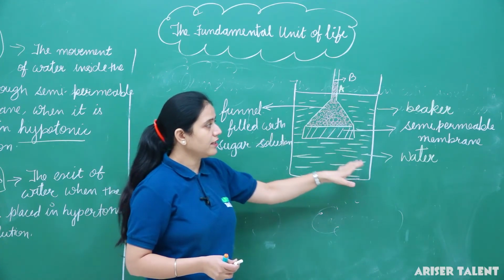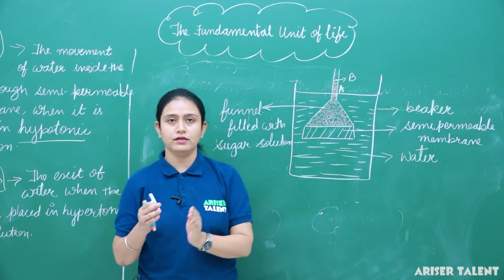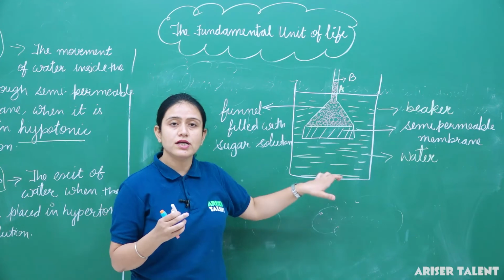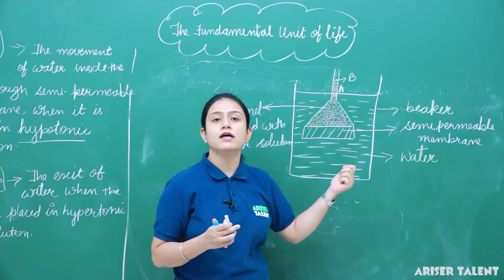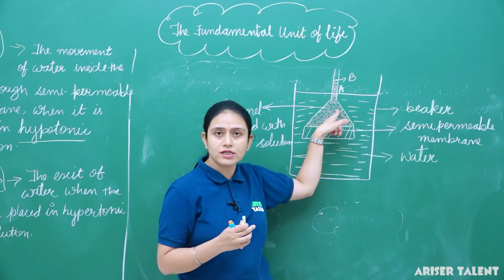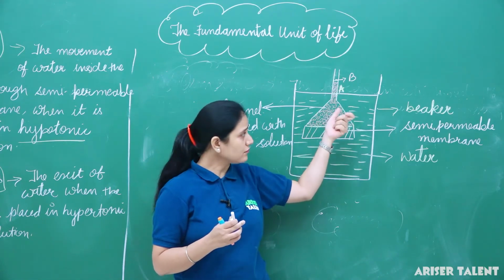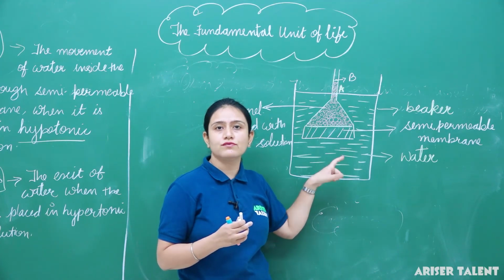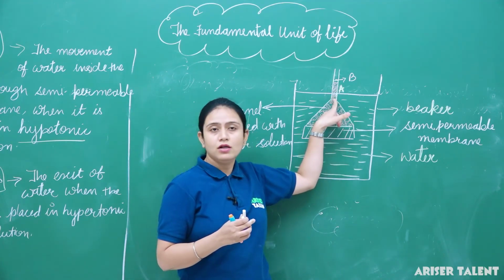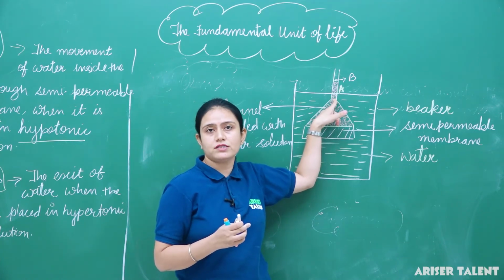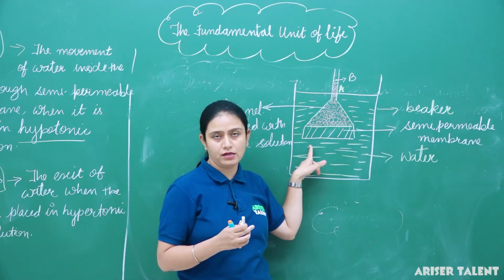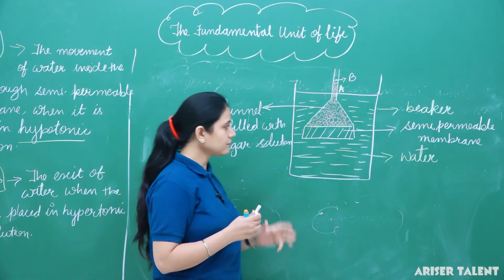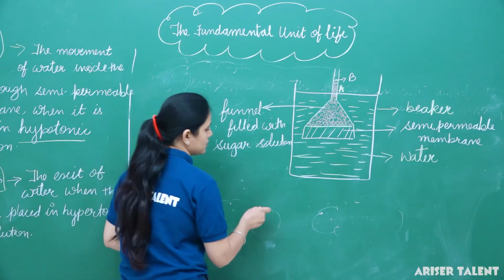Thus we can say that water moves from its higher concentration to the region of lower concentration through semi-permeable membrane, because inside the funnel water is less. Okay, this process is known as osmosis. Clear? It was all about the osmosis.